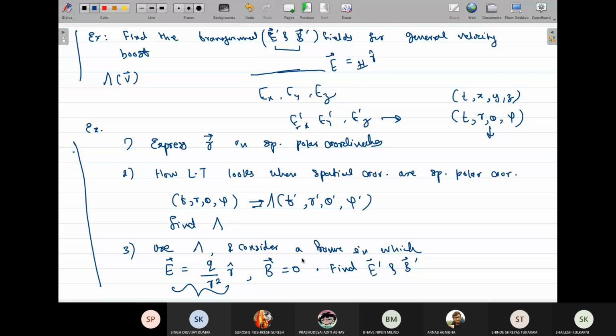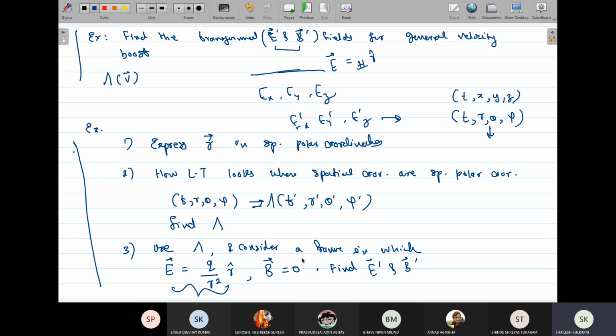Sir, we are converting from spherical polar coordinates to Cartesian, then doing the transformation, and then again converting to t prime, r prime, theta prime, phi prime in spherical polar coordinates.